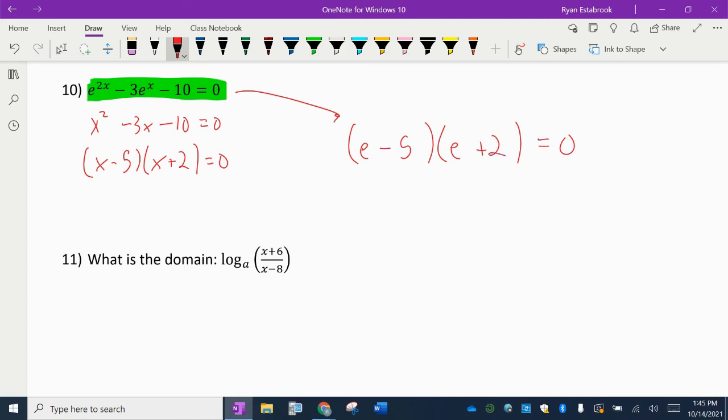Close. Very close. Negative 5 times 2 is negative 10. Great, we needed that. But what's e times e? E squared. What do we want it to be? E squared x, e to the 2x, right? So what exponents would you put up there?